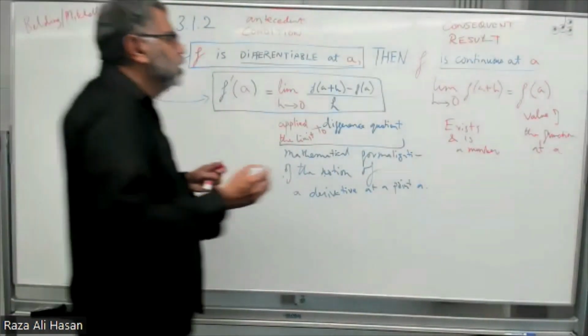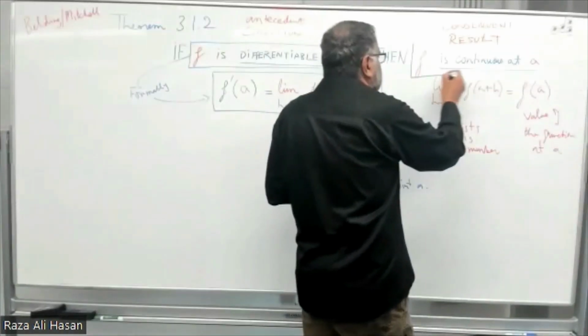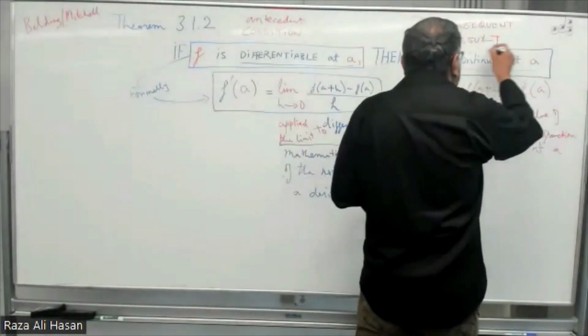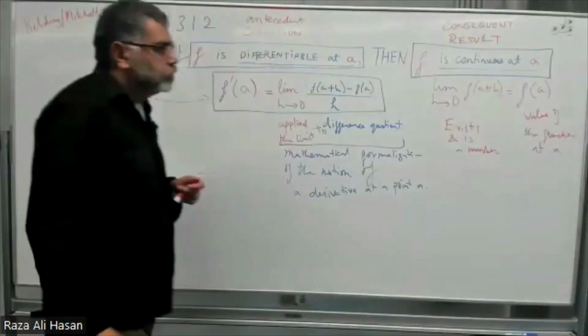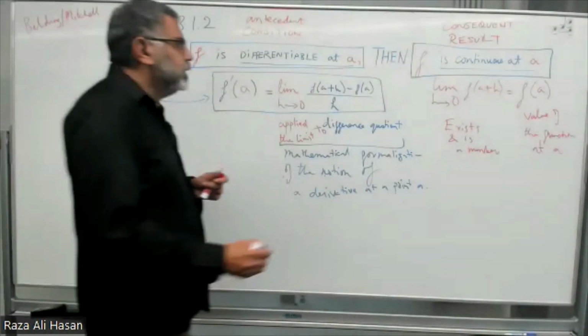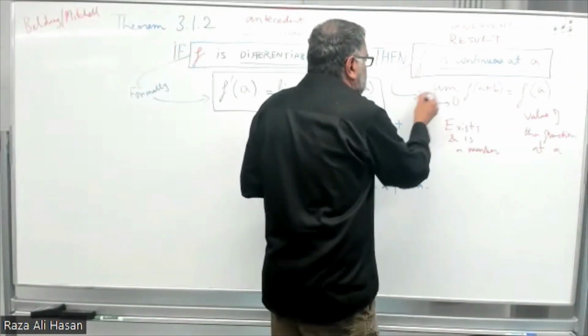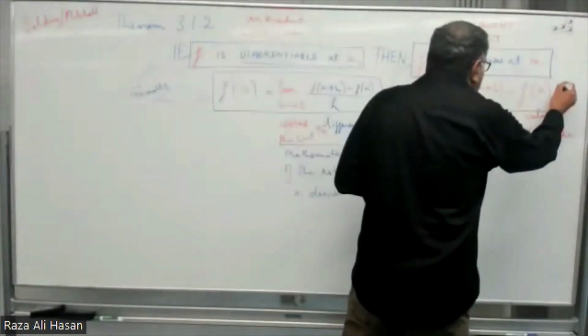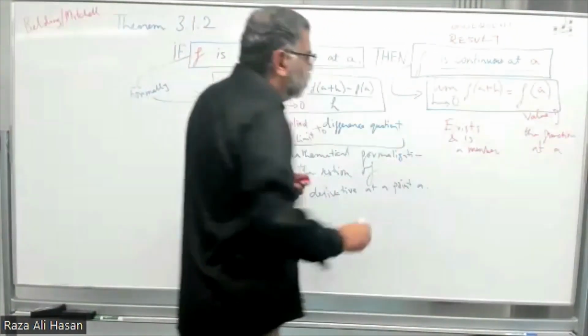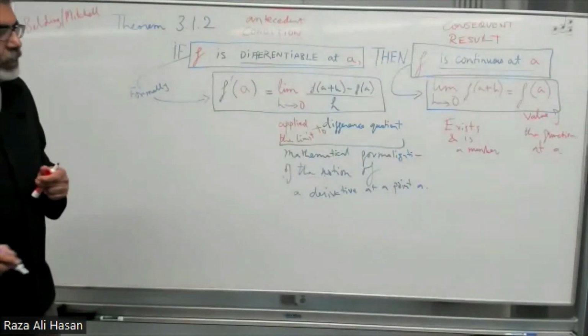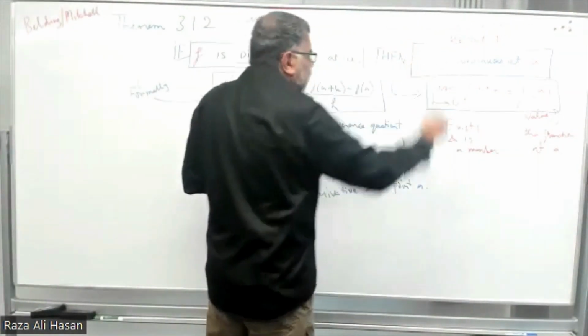So in other words, this English phrase, f is continuous at a, can be formally represented as this. This is the formalization of this English statement.